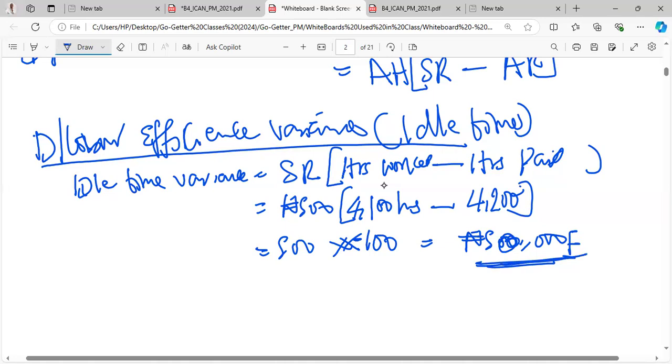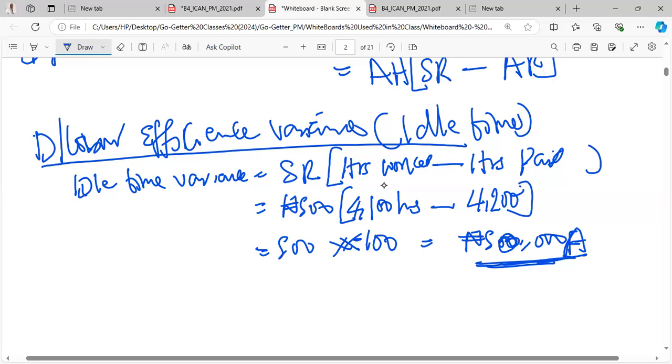50,000 adverse. So it means that they worked shorter hours and you are paying them more. Because you are paying them more than they worked, you have made an adverse.